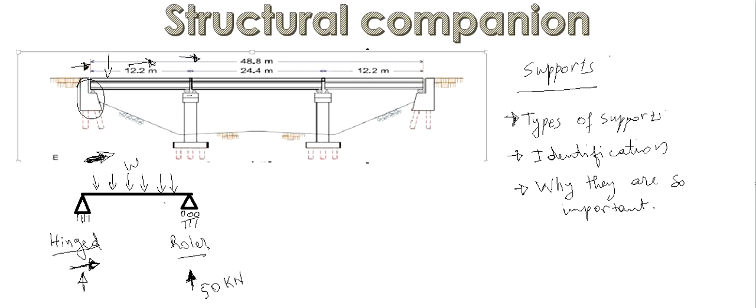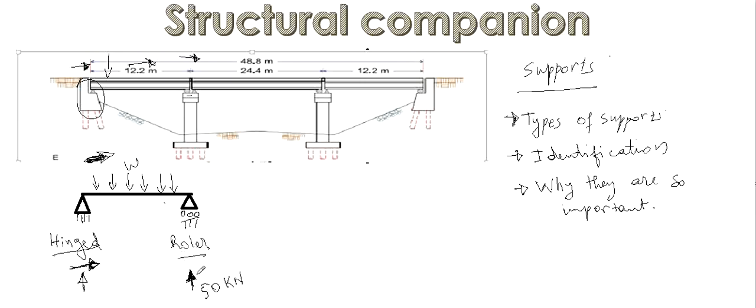This 50 kilonewtons you have calculated based on the load. It's coming from the load. I'll show you how to calculate the reaction later. But let's say you did a calculation and you get 50 kilonewtons as the reaction here.